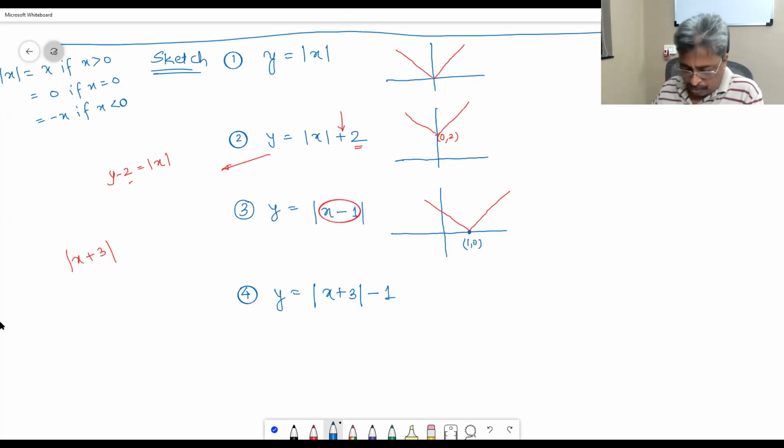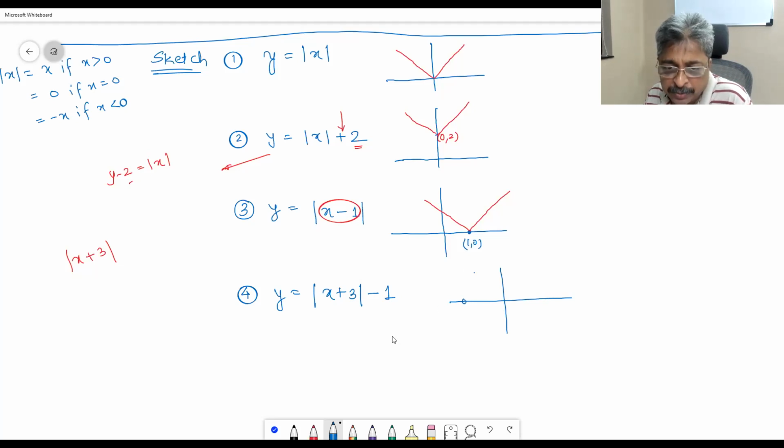So the sketch of the fourth problem is going to be like this. Minus 3 is going to be important, and minus 1 is going to be important. So this is the point, and hence the nature is not going to change.